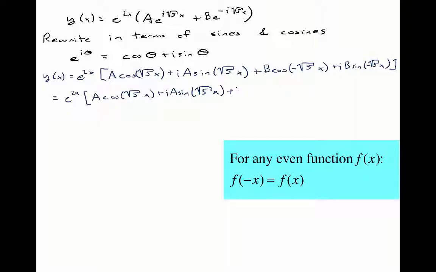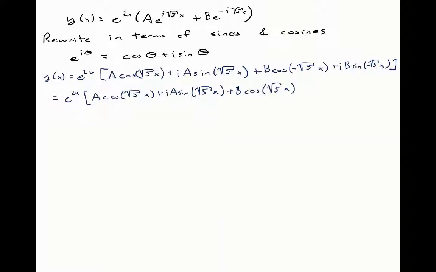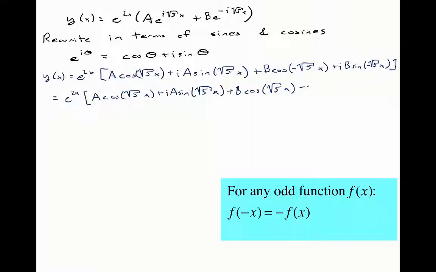So I can just get rid of that minus sign on the inside. But sine is an odd function, so sine of minus square root of 5x equals minus the sine of square root of 5x. So I'm going to pull this minus sign out.